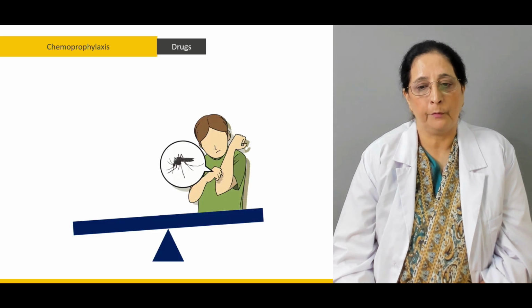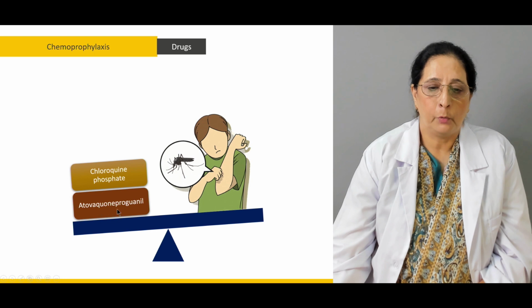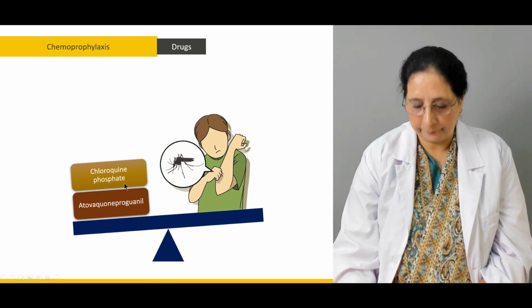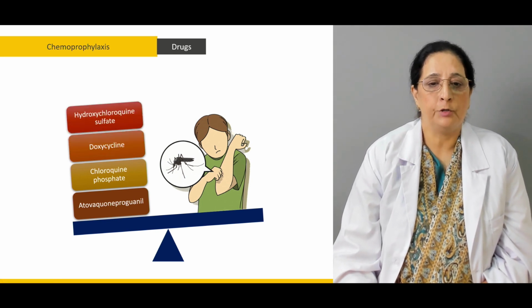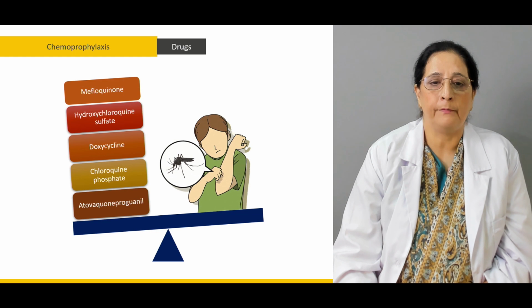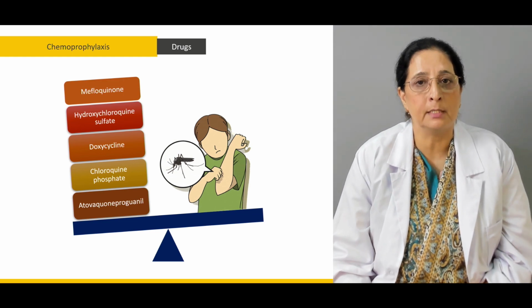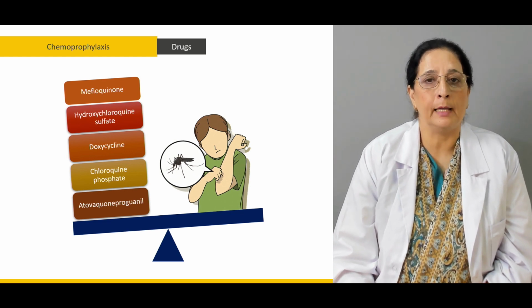For chemoprophylaxis, we can use atovaquone-proguanil and chloroquine phosphate. Then we have doxycycline, hydroxychloroquine sulfate, and mefloquine. So all these are drugs that can be used as chemoprophylaxis.